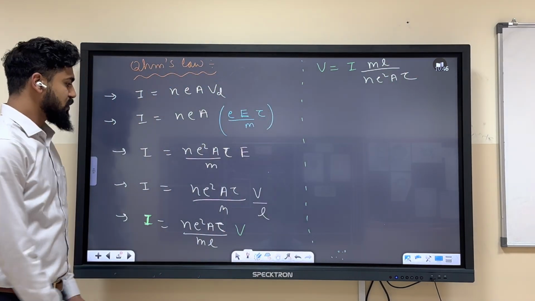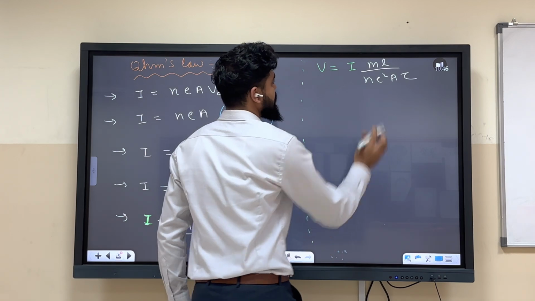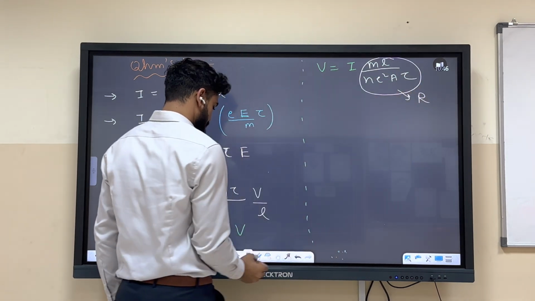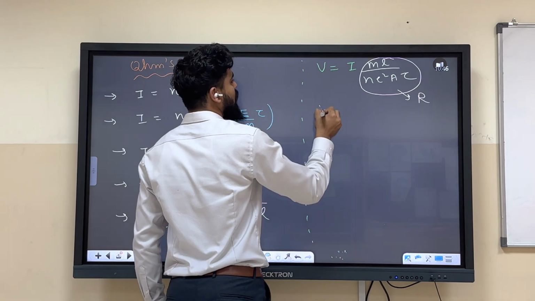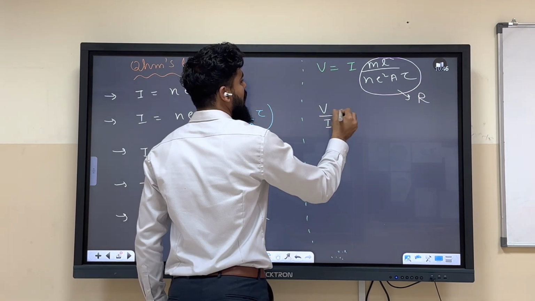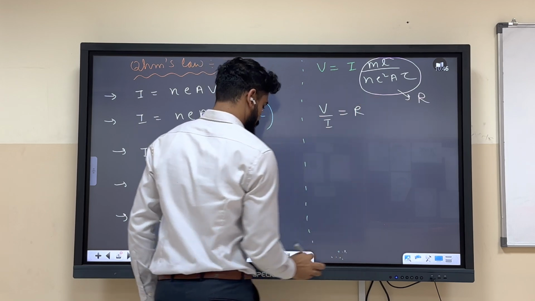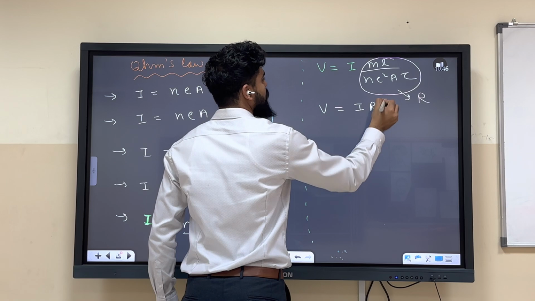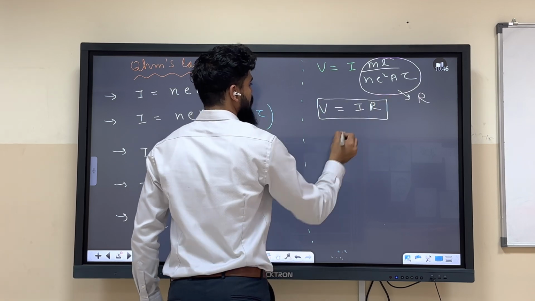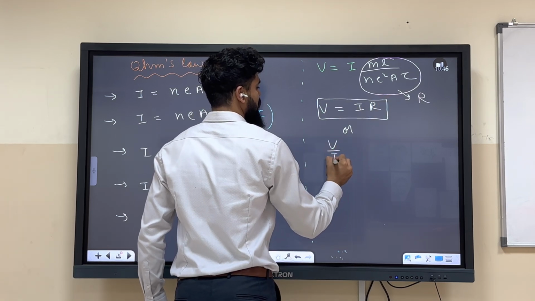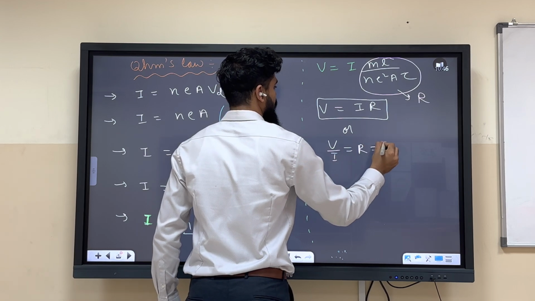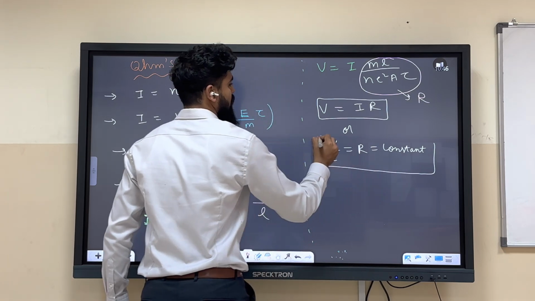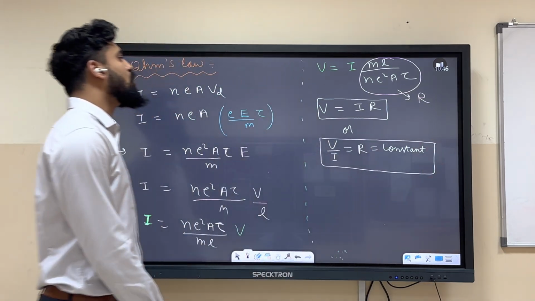So this is nothing but your resistance. So from here we got V upon I equals R. And this is what Ohm's law is.